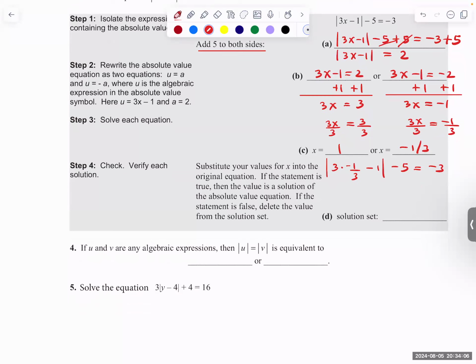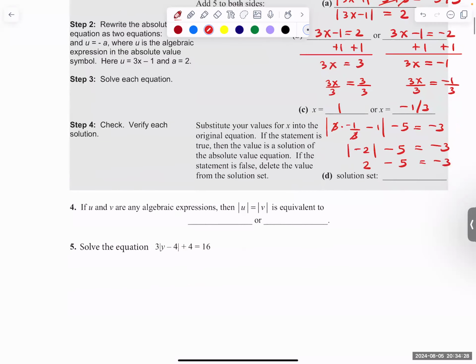So inside the absolute value bars, 3 divided by 3 is positive 1. So negative 1 subtract 1 is the absolute value of negative 2 minus 5 is equal to negative 3, which becomes positive 2 minus 5 equals negative 3, which is a true statement.